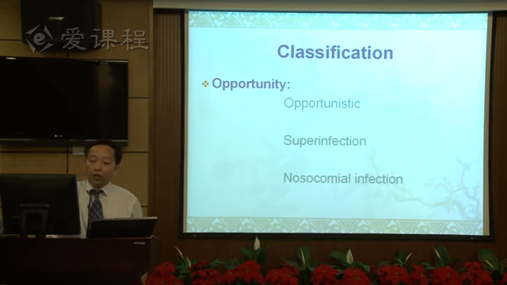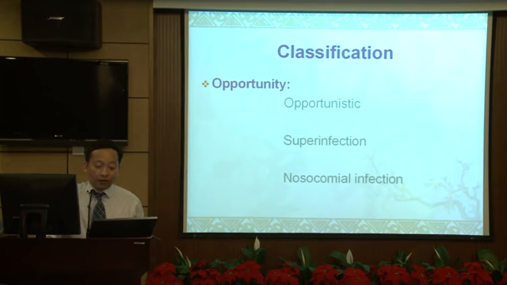And according to the opportunities of infection, it can be opportunistic infection. That means an infection caused by an organism which becomes pathogenic under certain conditions, for example, during immunosuppression, and also maybe superinfection. It means a frequent complication of drug therapy for microbial infection.